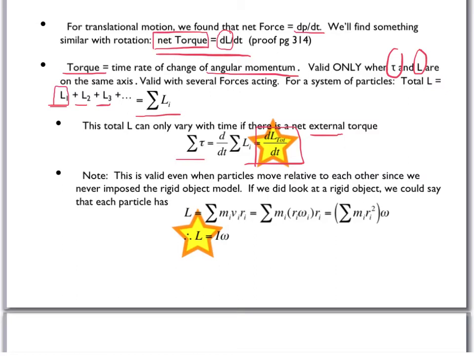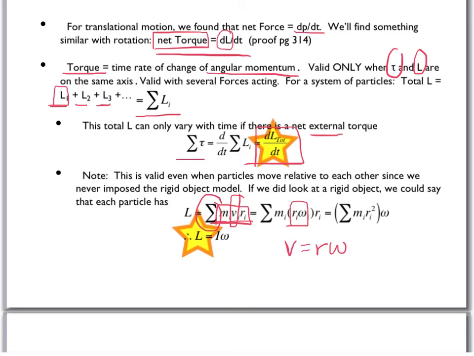So if we did take a look at a rigid object, we could say that each particle is going to have its own angular momentum. Each particle is going to have its own little bit of mass, moving at some velocity at some distance, a little mvr. Now if we were to sum up all those little mvr's, we could take the v that we have in this equation and rewrite it as r omega, knowing that v is equal to r omega, as we looked at how translational variables correspond to angular variables.